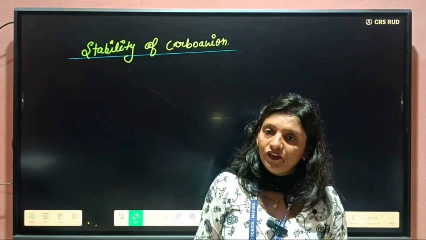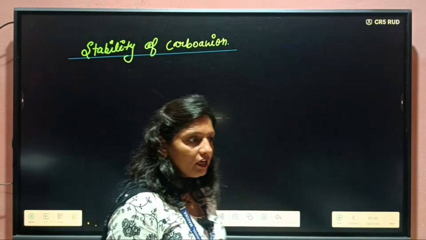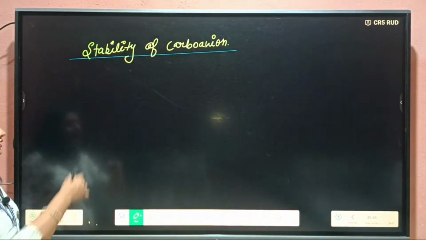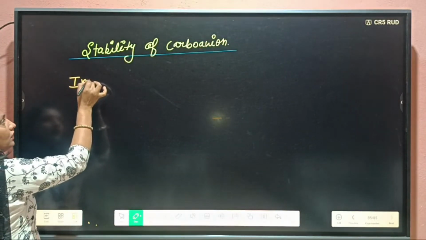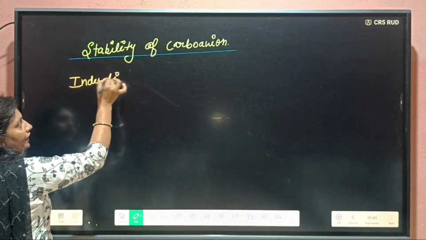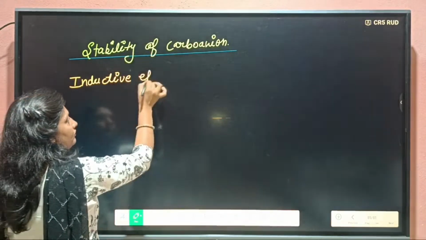That was the inductive effect. Here also we can take the inductive effect.